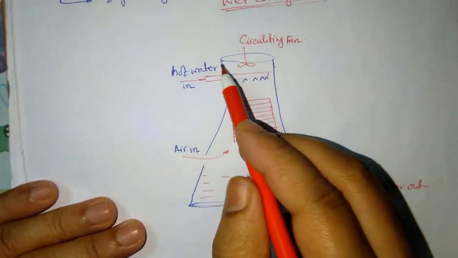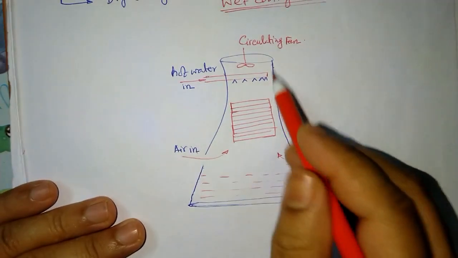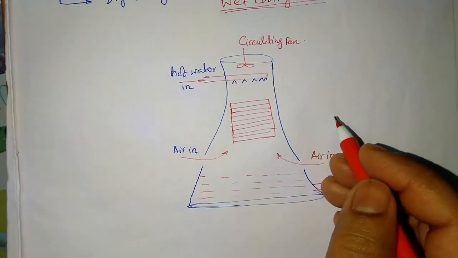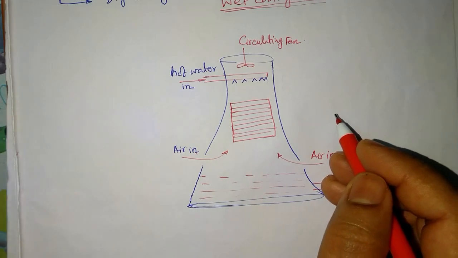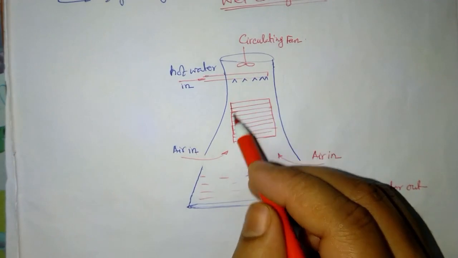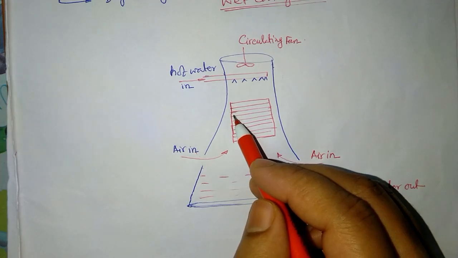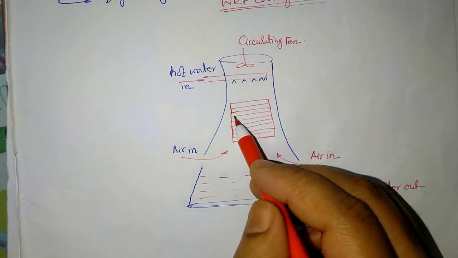So basically the cooling tower shape is parabolic. Okay, if you have gone through any steam power plant, then you have seen a large parabolic structure, and from that structure some white smoke is coming.